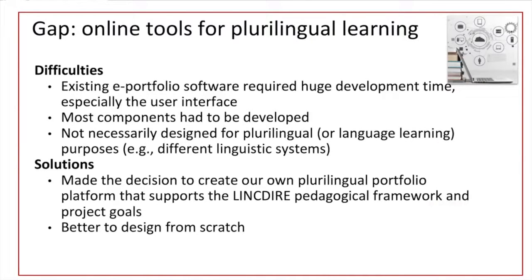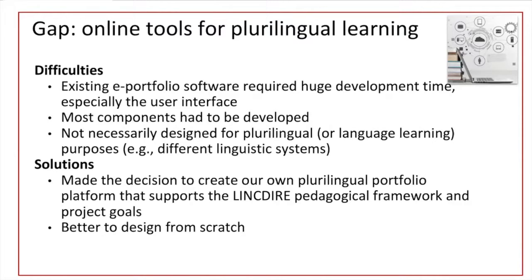So when we originally conceived of the project, we thought we'd just go ahead and use a standard e-portfolio tool, very idealistically and optimistically. And when we started using and exploring these tools, which we did for many months, we realized their limitations. And their limitations in the fact that they dealt in English. The user interface was often just in English and had no flexibility around linguistic variation.